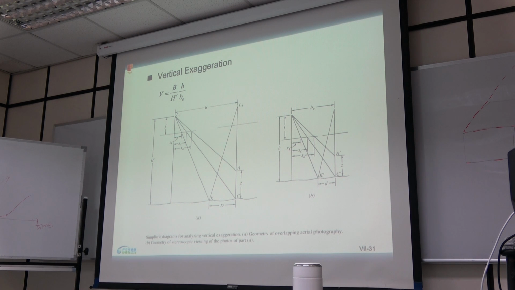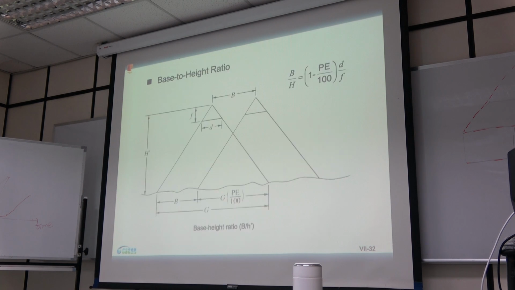Because your eye base, the distance between your eyes, is of course not similar to the baseline distance for these two images, the ratio of the base to height ratio is different. So you may usually have some exaggeration in terms of the elevation when you are using your eye to see the stereo. This is in the old time, so just for your information.